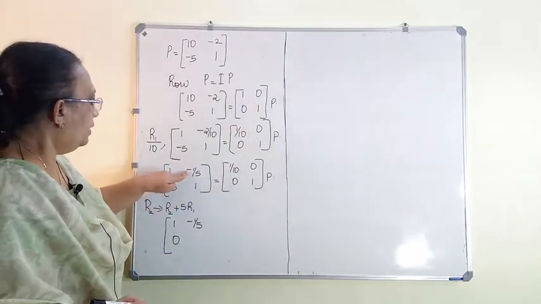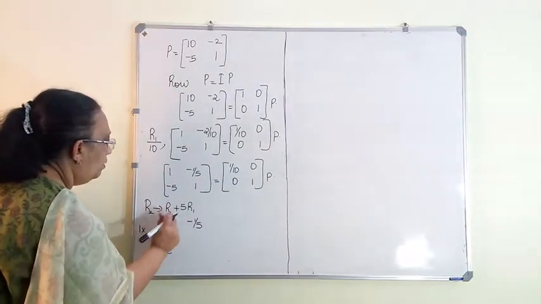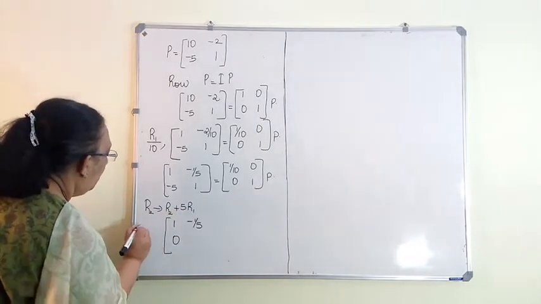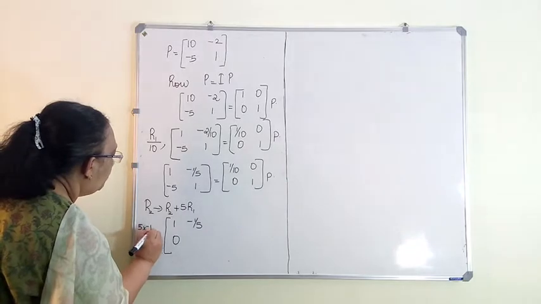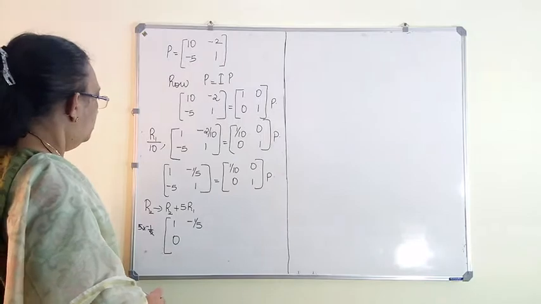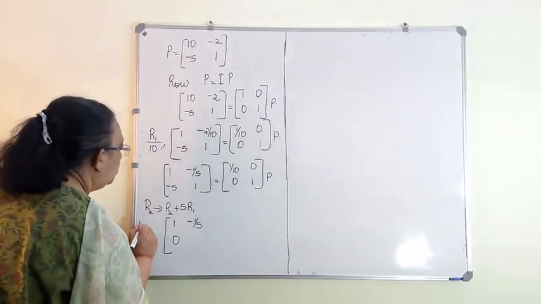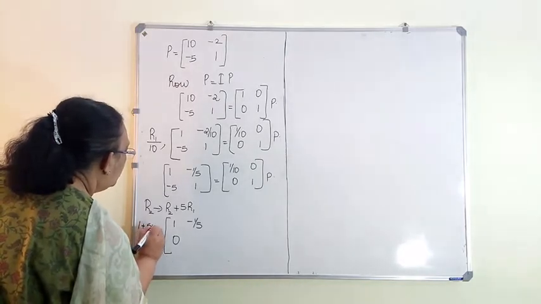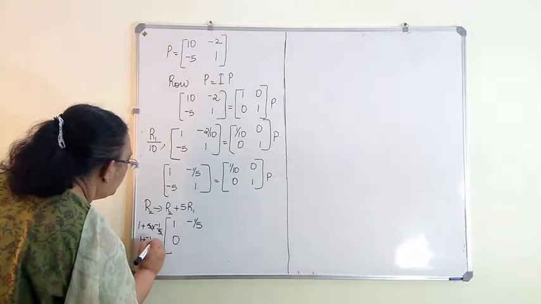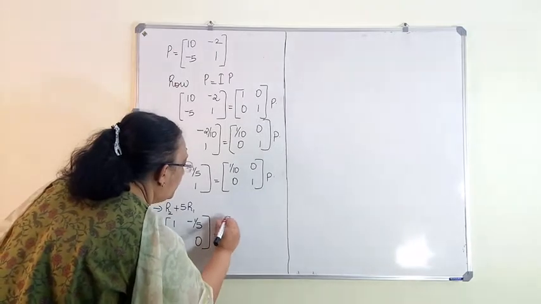Next one, 1 plus 5 into R1, so 5 into minus 1 by 5. The 5 and 5 cancel. 1 plus minus 1 is equal to 0.